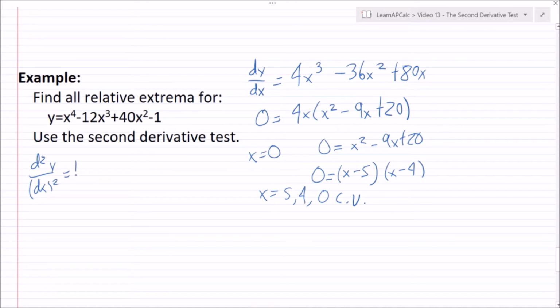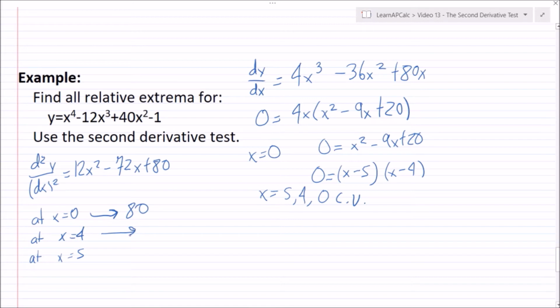So first I have to find my second derivative, 12x squared minus 72x plus 80. And so I'll plug all these in at x equals 0, at x equals 4, and at x equals 5. So at 0, this is just going to be 80.